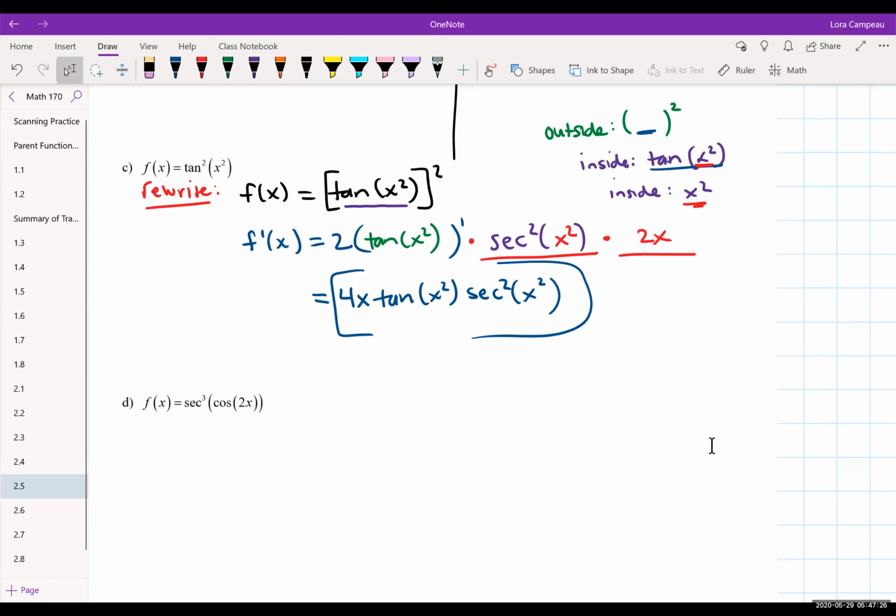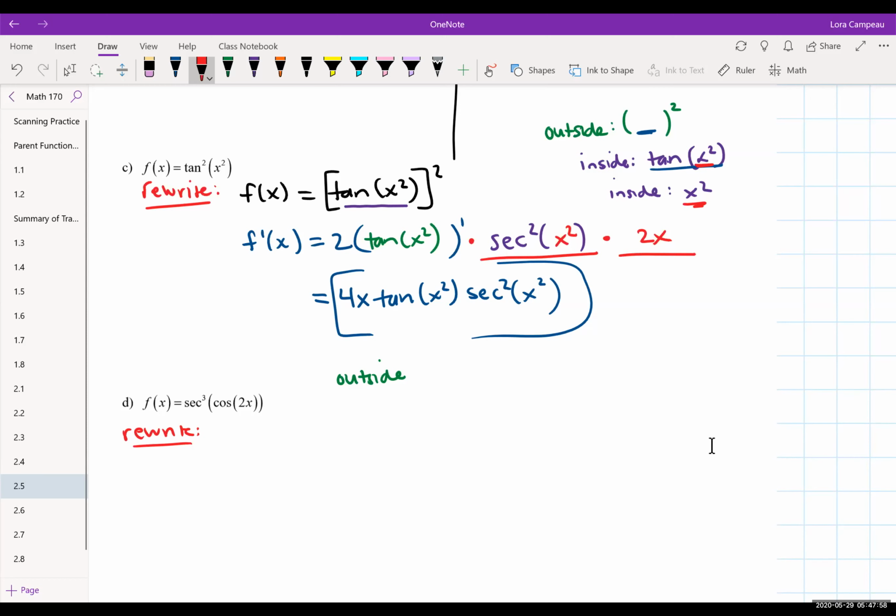So part D, we have f of x equals the cube of secant of cosine of 2x. If I'm thinking how many trig functions are really involved here, I could go off to the side. I have a super outside function.